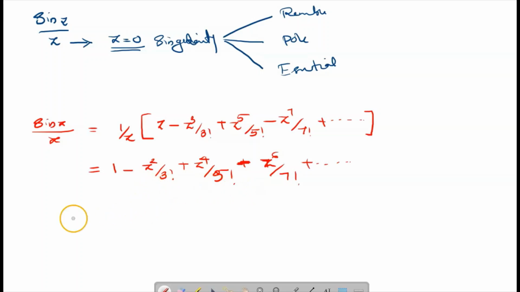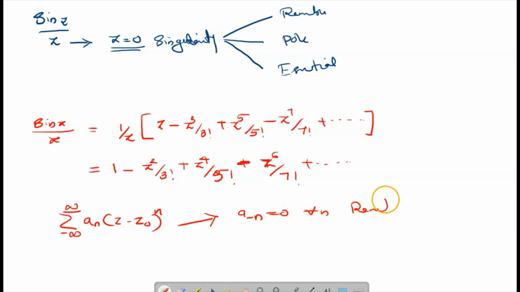I already discussed these theories in my previous videos. In the Laurent series expansion, the sum of a_n times (z minus z naught) to the power n, with n from minus infinity to infinity, if this series expansion doesn't contain any negative terms, that means a minus n is equal to 0 for all n, then the singularity is removable.